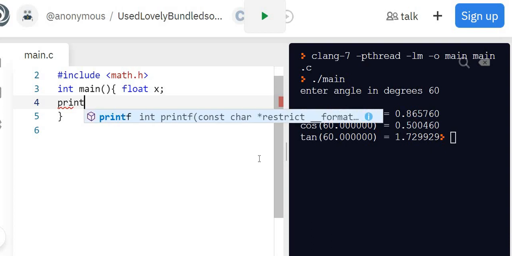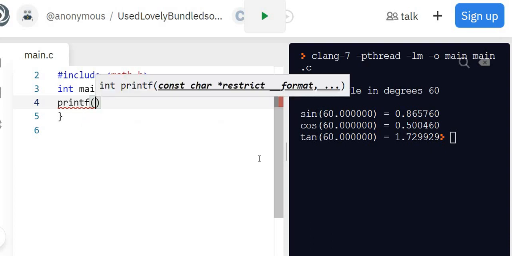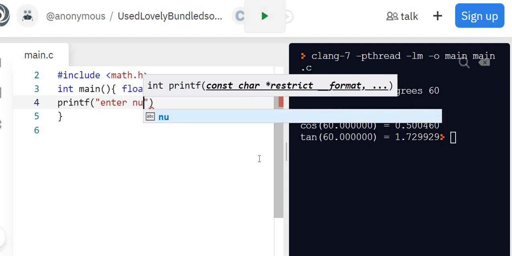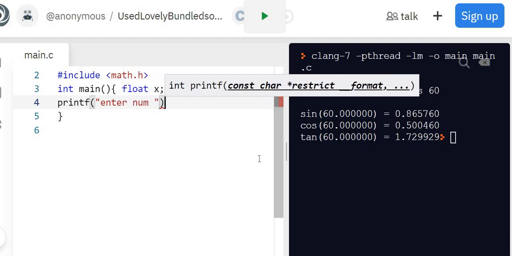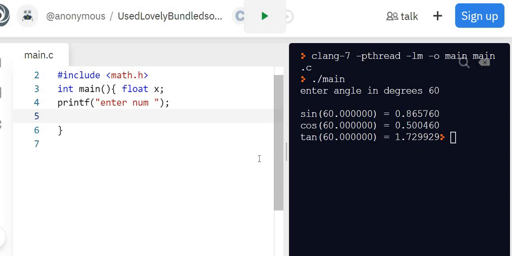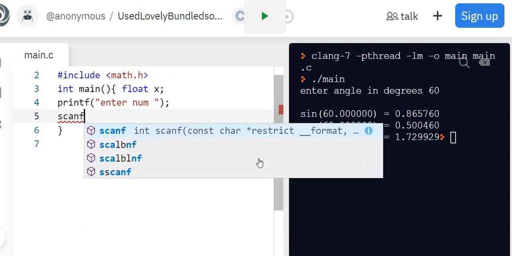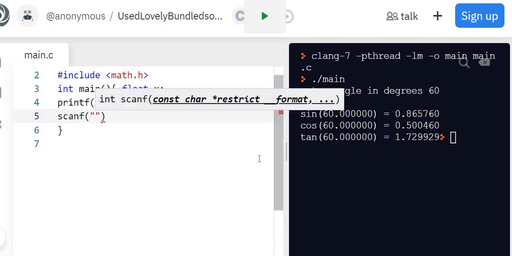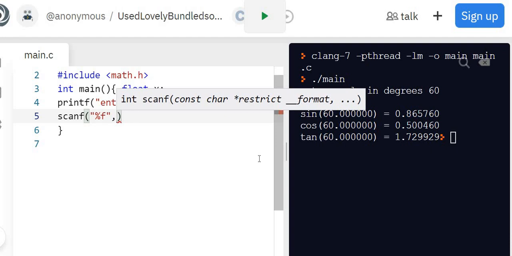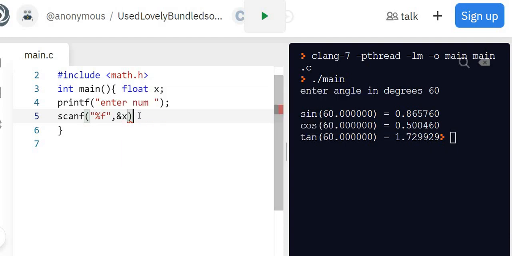So printf, enter number. This is scanf. Most of the functions work on floating values. So let's use %f so that we can give any numbers, integer as well as floating numbers, and x.